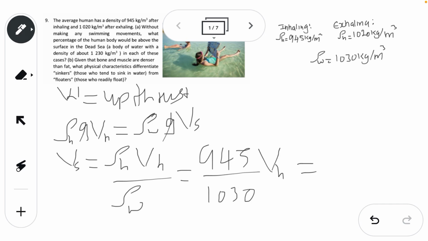Roughly, this gives us about 0.768 multiplied by the volume of the human.